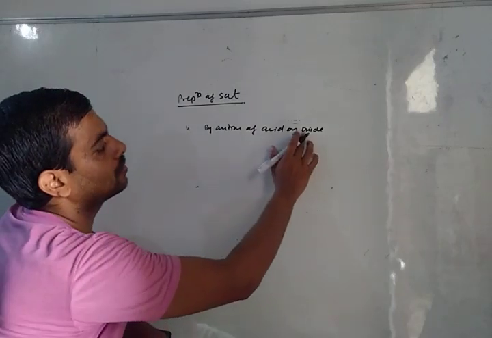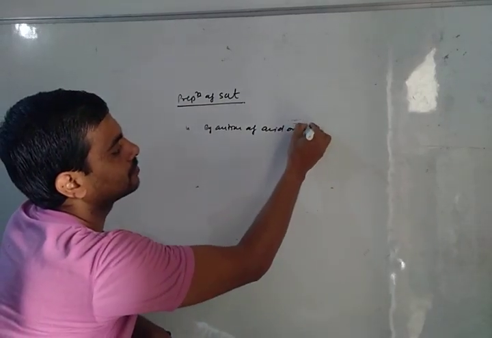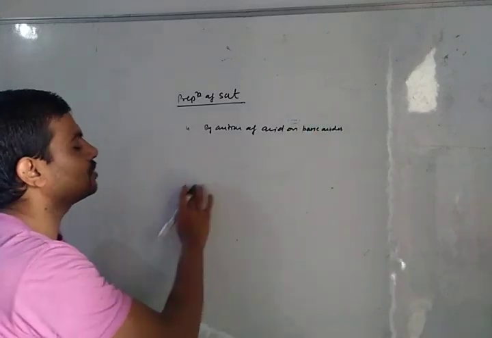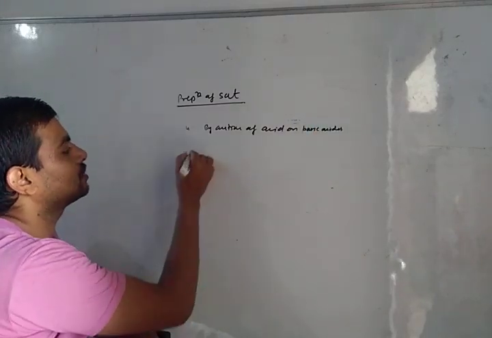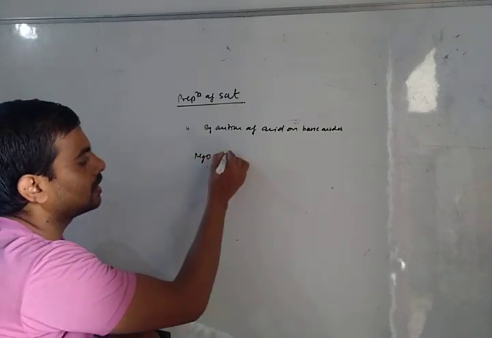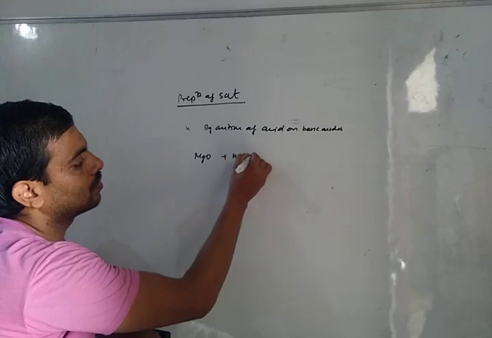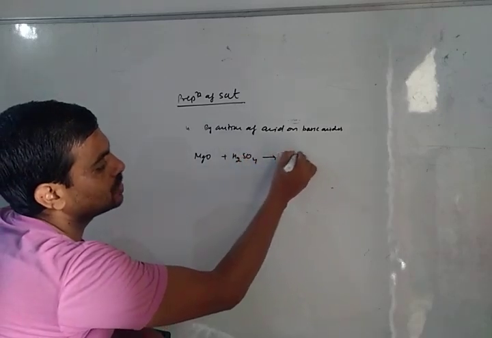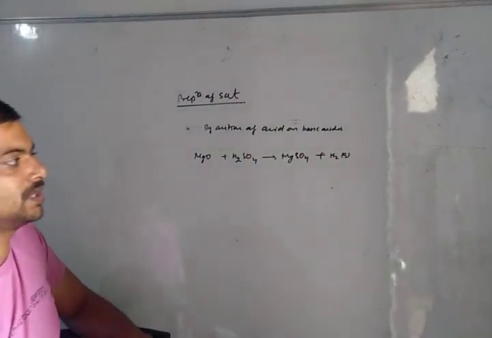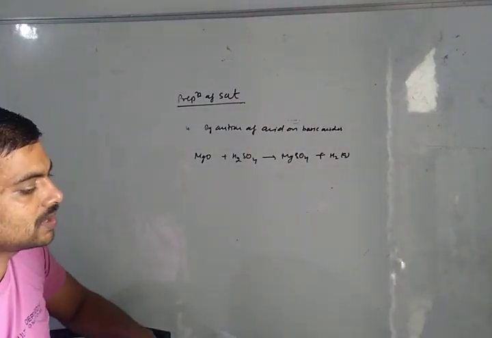Basic oxides are basically metal oxides. So here MgO is a metal oxide and is treated with H2SO4. What happens? MgSO4 is formed. This is the process by which they form.